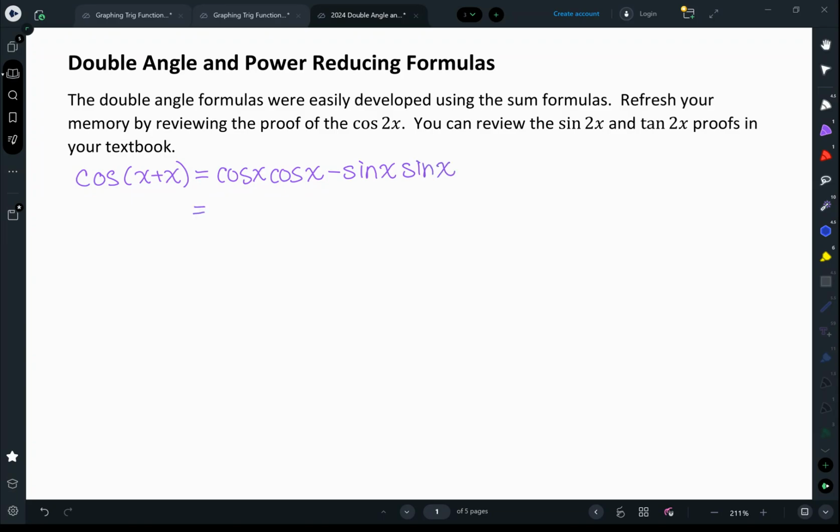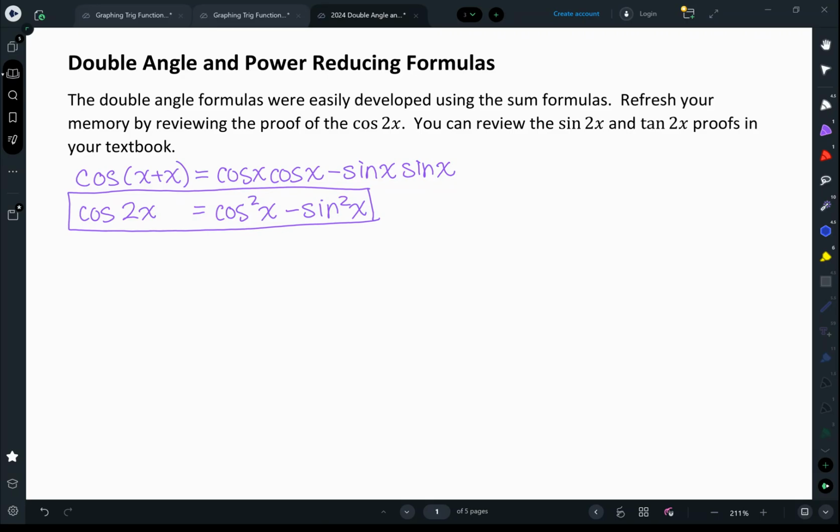And then simplifying each side of this, I know that this statement is true because of the cosine sum formula. The left side now becomes the cosine of 2x. There's our double angle. And the right side can become the cosine squared of x minus the sine squared of x.